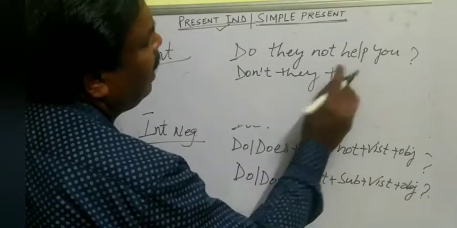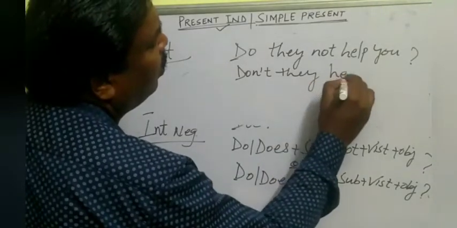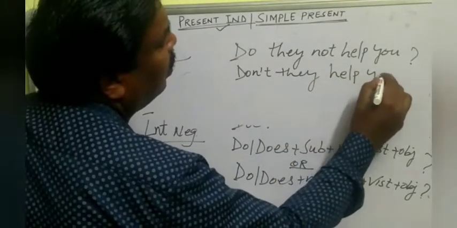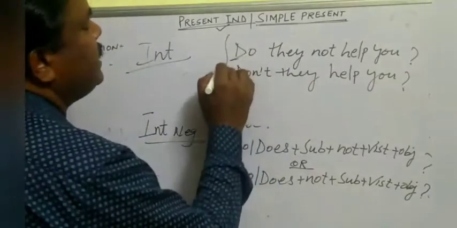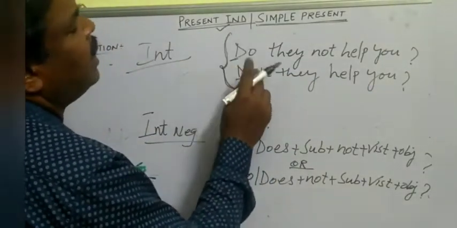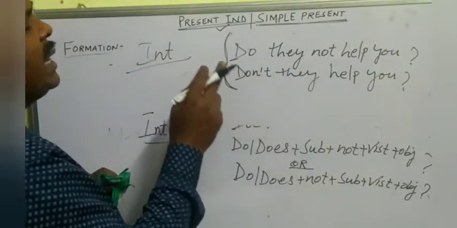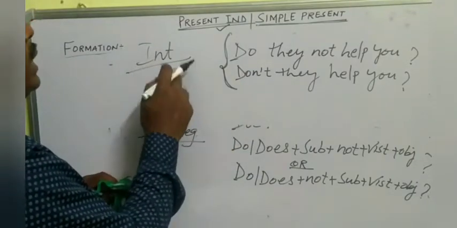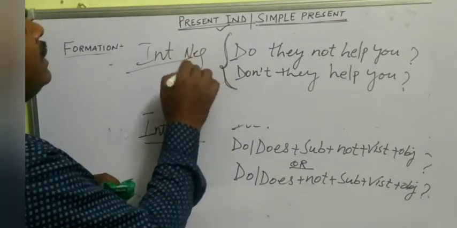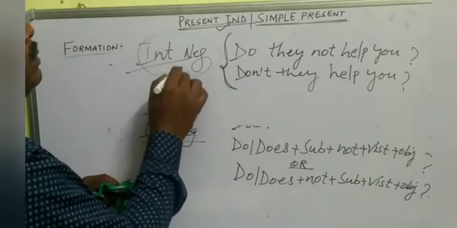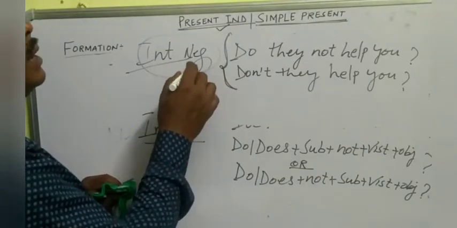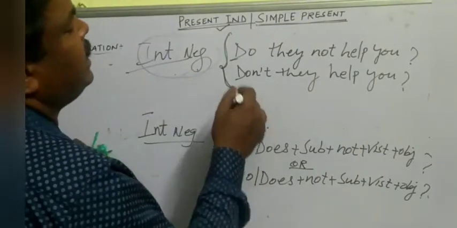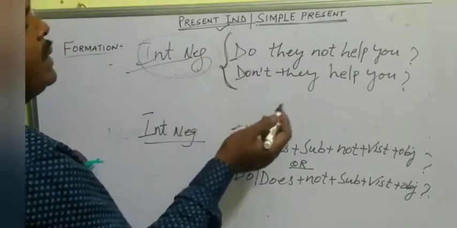Don't they help you? In both ways we can express the interrogative negative sentences. Interrogative negative sentences can be expressed in both the ways.